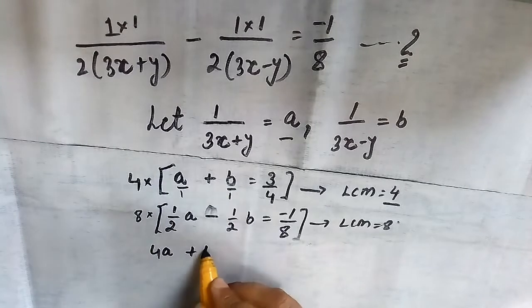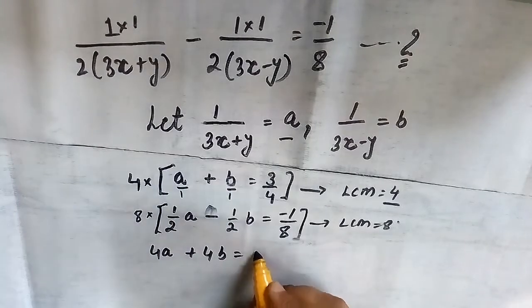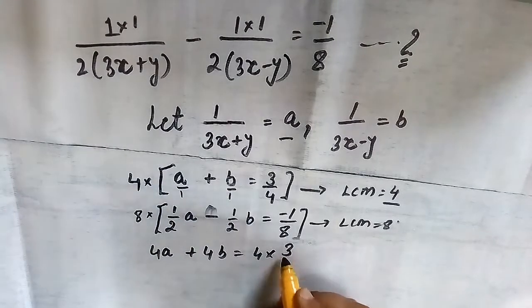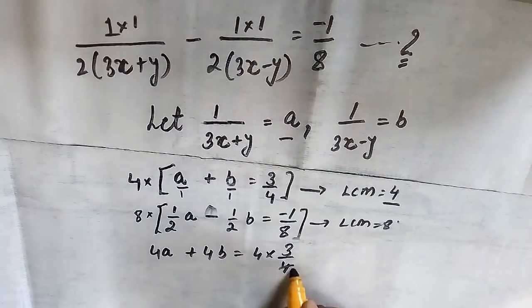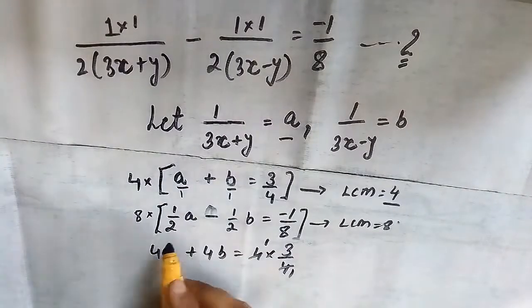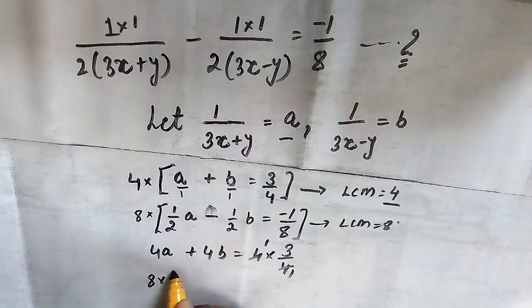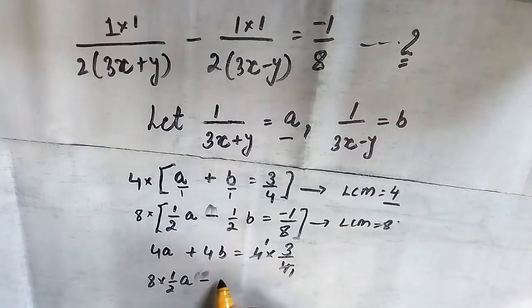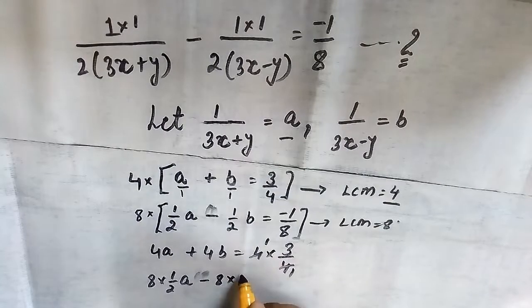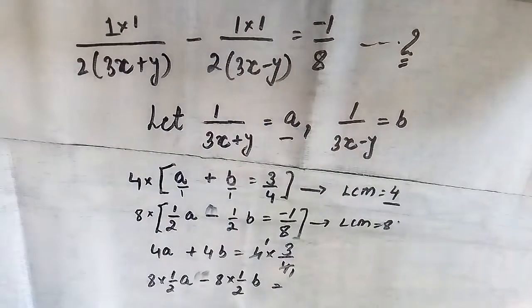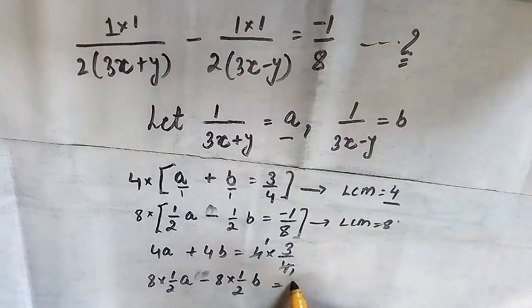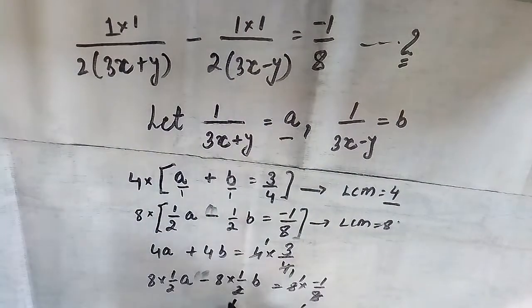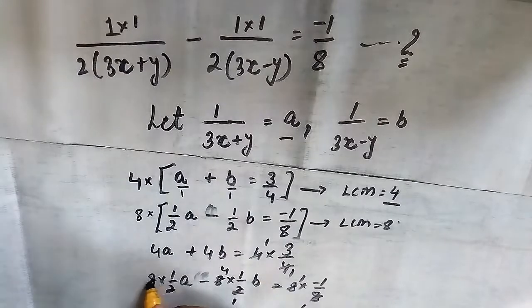Now 4 into a equals 4a plus 4 multiplied by b equals 4b equals 4 multiplied by 3 upon 4. 4 is cancelled. Same in the second equation, 8 multiplied by half of a minus 8 multiplied by half of b equals 8 multiplied by minus 1 upon 8.